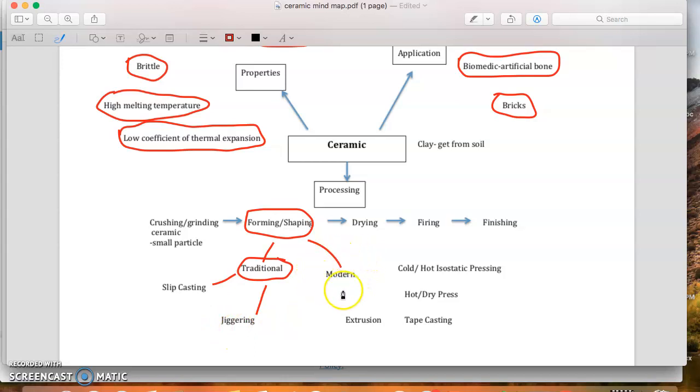For the modern process, you can use cold or hot isostatic pressing.